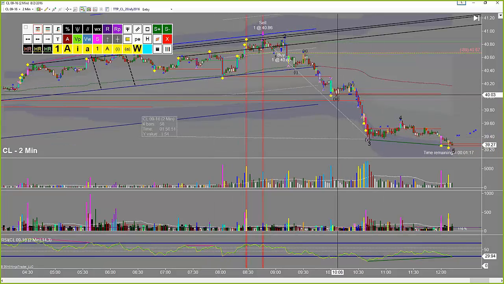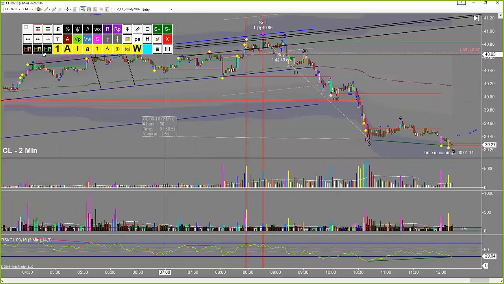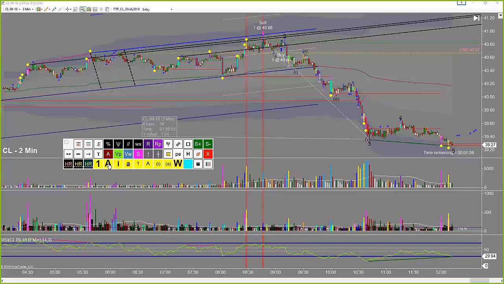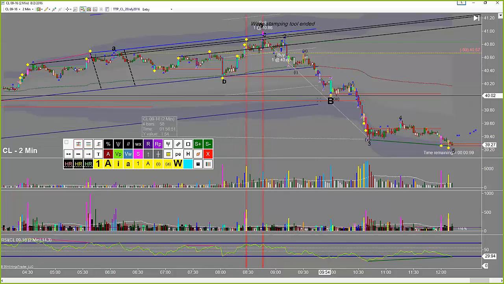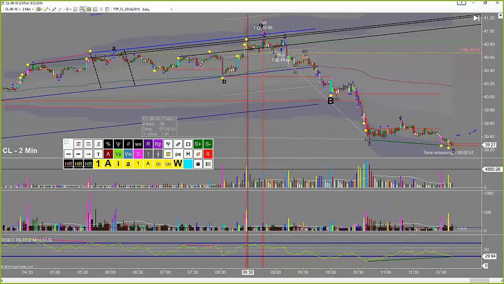I was actually trying to buy this thinking that this was a potential B wave, that this was just an ABC of the first part of the correction, as if this were an A, B, C of A, and this were somehow a B. But thankfully I took that limit order out before this happened.